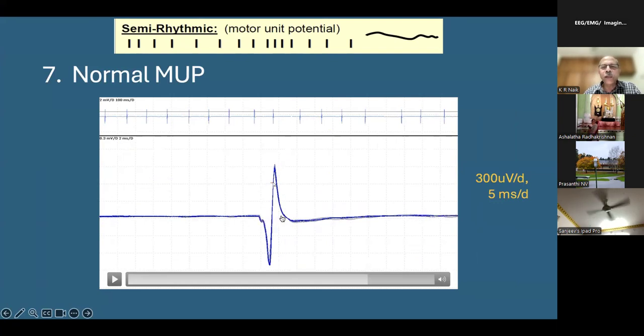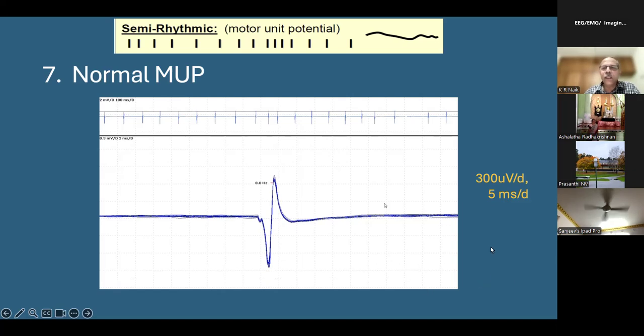So this is 1, 2, 3, 4. 4 divisions is 8 milliseconds duration, as we saw in the previous part of the recording. Now firing is 8 hertz. It has never occurred more than 2 in this 100 milliseconds. The firing rate is less than 10. So this is a normal motor unit because duration is 8 milliseconds, amplitude is around 1.5 millivolts, and firing rate is 8.